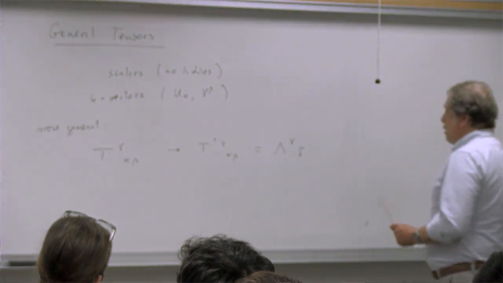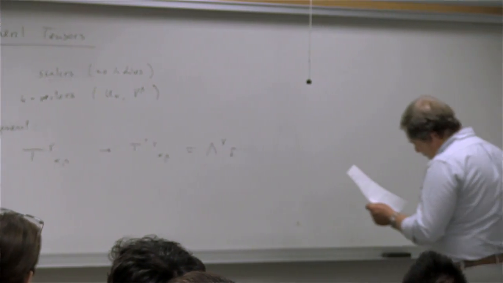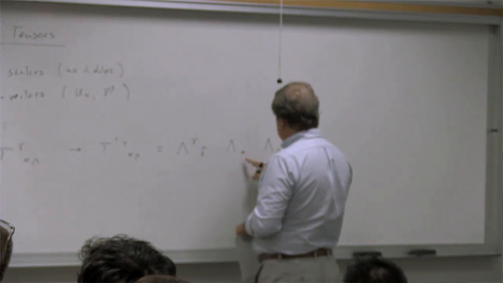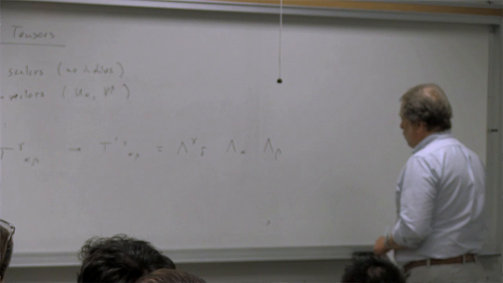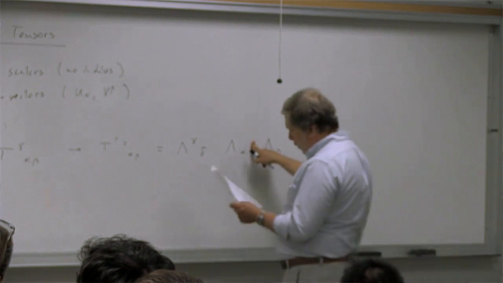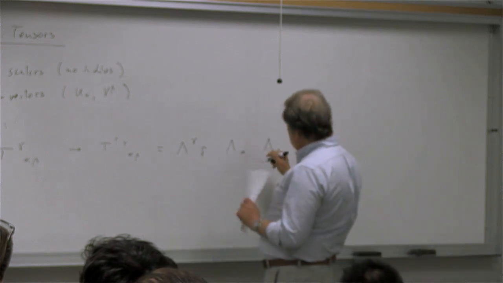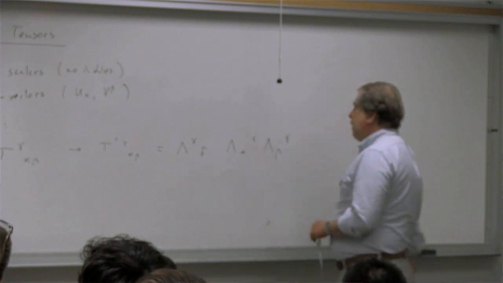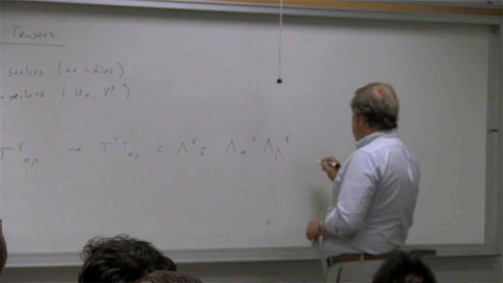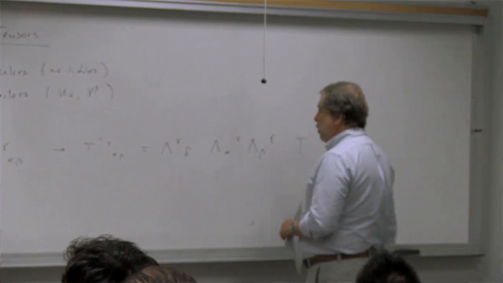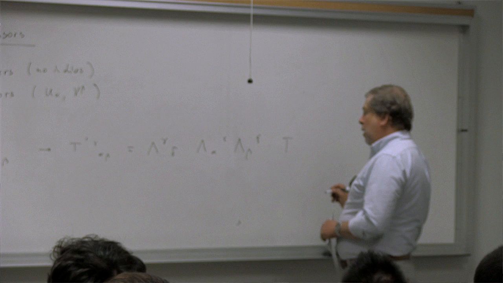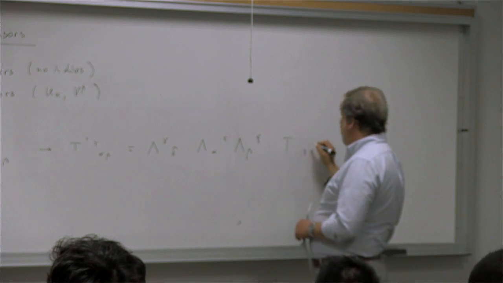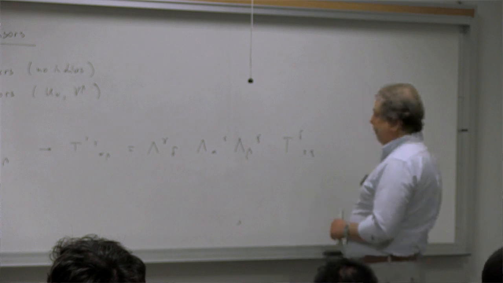For the first index, and then lambda alpha and lambda beta for the second two indices, with some other dummy index which we're going to call epsilon and psi here, times the original tensor which has an epsilon and a psi here, and it has a delta up there.